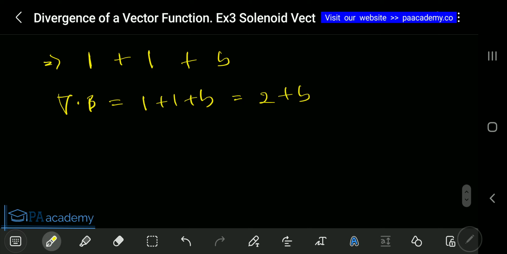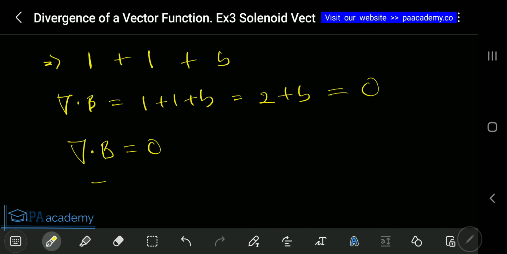Now, from the question, it says it is a solenoid vector, and for a solenoid vector we've already established the fact that the divergence equals 0. So that means what we are having here is supposed to equal 0.